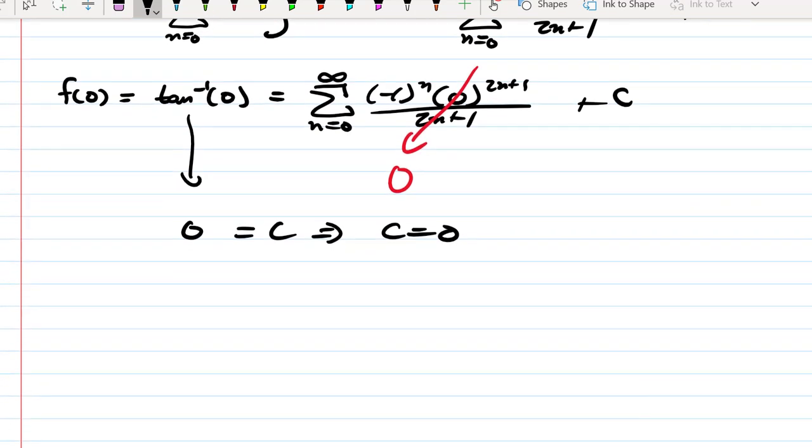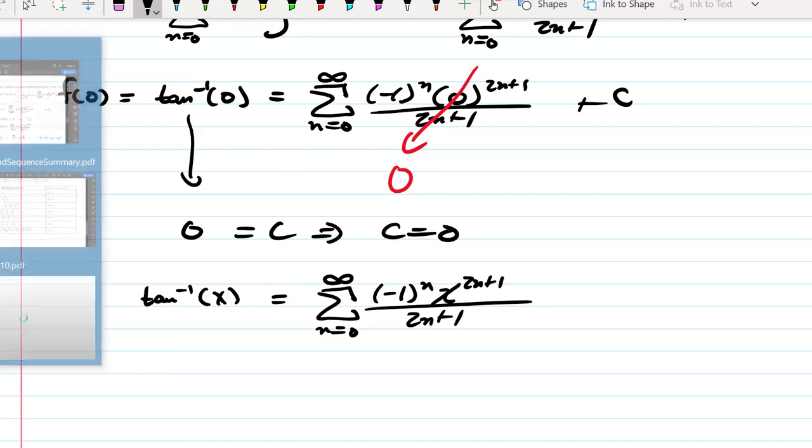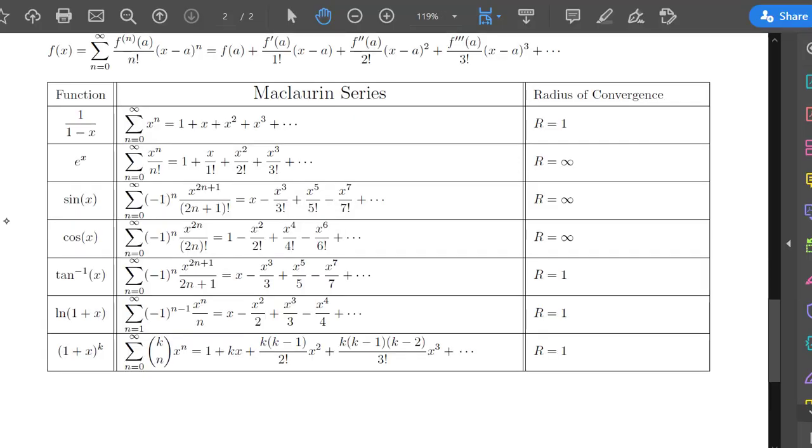So finally, putting all of that together, we get that our series for the inverse tangent of x is just the sum as n goes from 0 to infinity of negative 1 to the n, x to the 2n plus 1 all over 2n plus 1. So that was our geometric series, and then we integrated it term by term to get this.